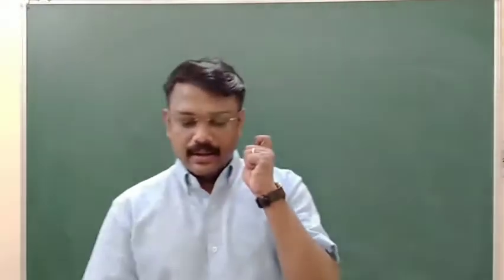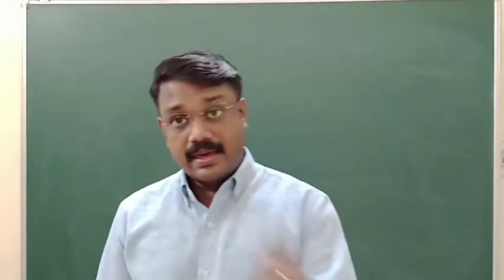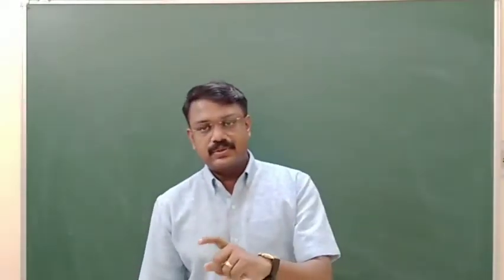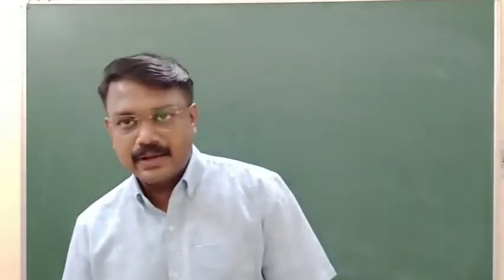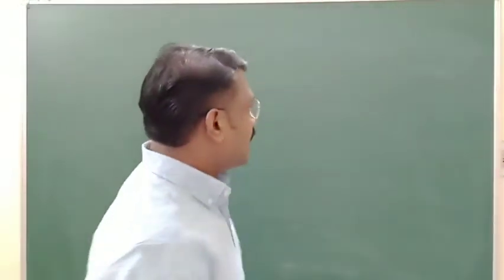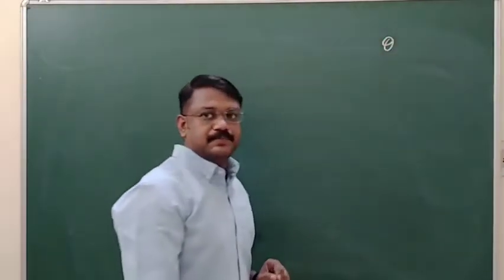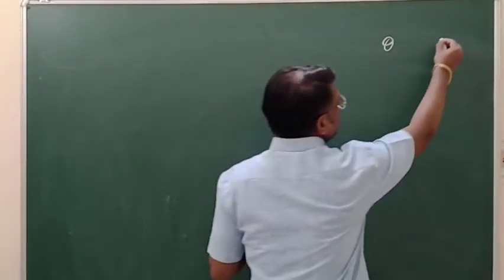So for displacement you need a force. Here, instead of displacement, the angle is changing, so you can call that angular displacement. Angular displacement is denoted as theta, which is very similar to displacement.